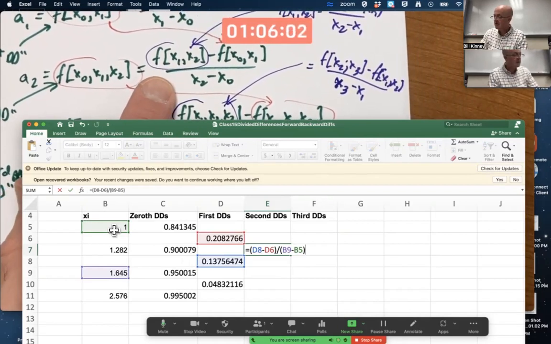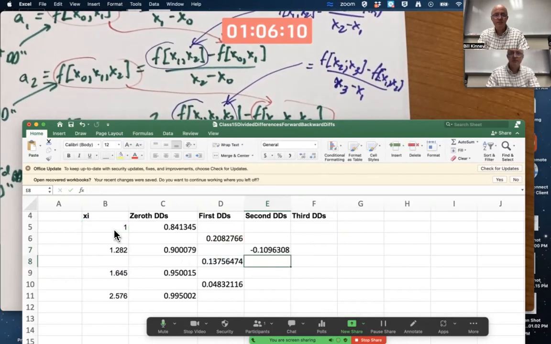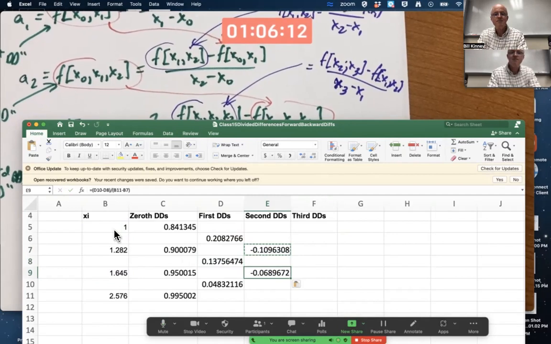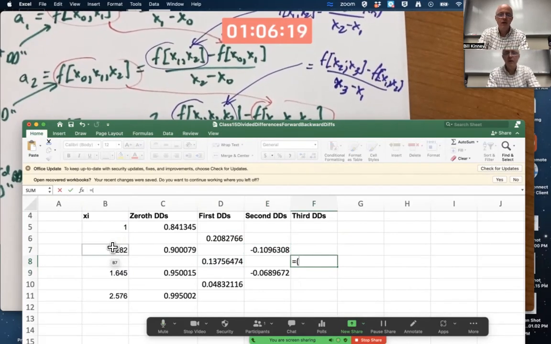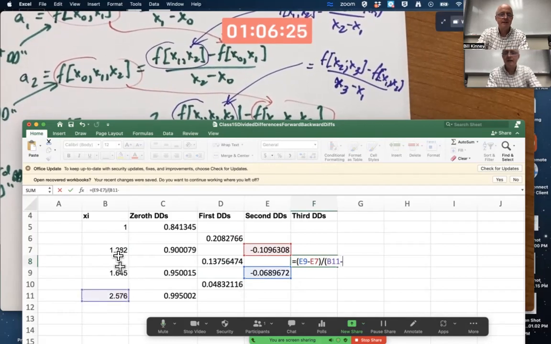I'm doing a divided difference of first divided differences and dividing by x2 minus x0. Copy and paste that formula down 2 spots. That's not any of the A's, but I needed it to compute A3, the final A. A3 will be this minus this divided by this minus that.